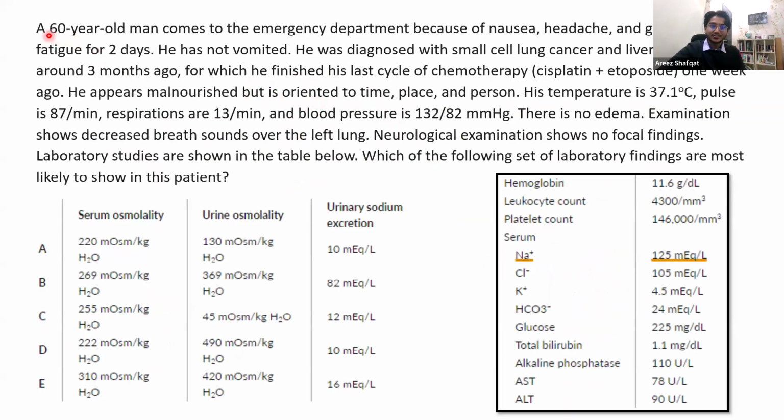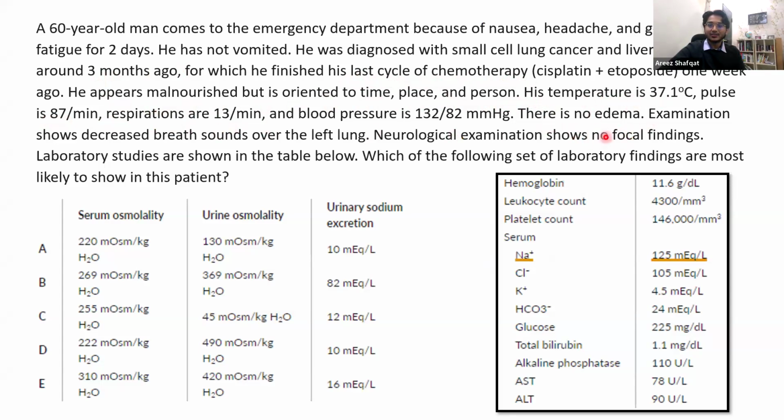This is a bit of a tougher question. A 60-year-old man comes to the emergency department with a history of headache and generalized fatigue. He has not vomited. He was diagnosed with small cell lung cancer, for which he finished his last cycle of chemotherapy. He appears malnourished, but is oriented to time, place, and person. He's afebrile. He's not tachycardic. He's not tachypneic. He's vitally stable.